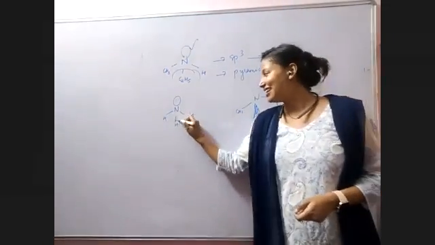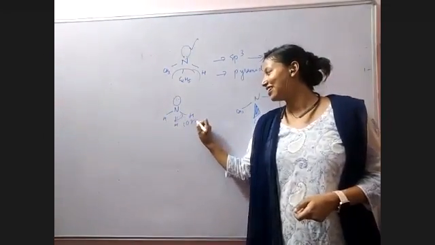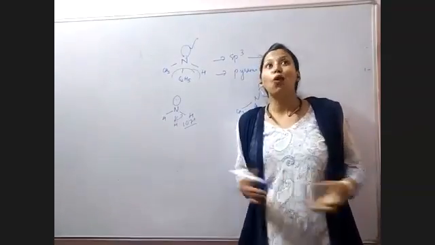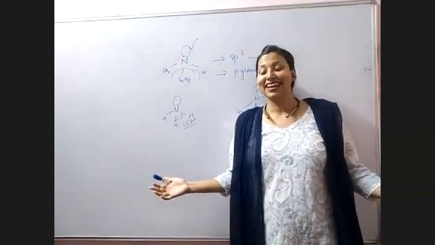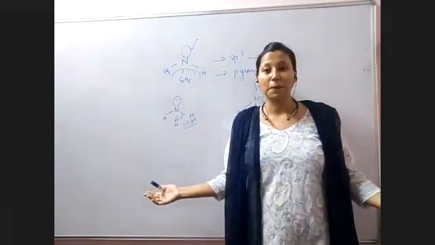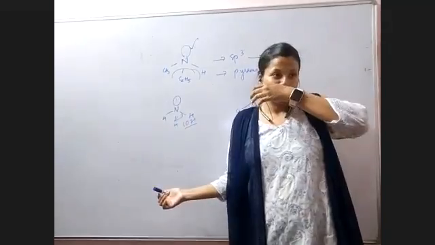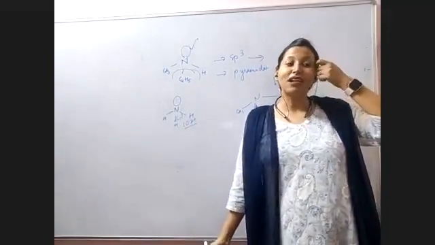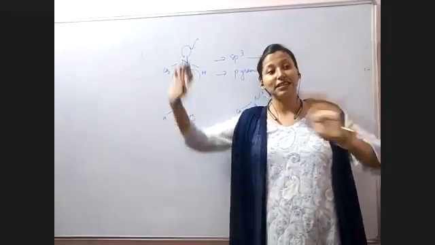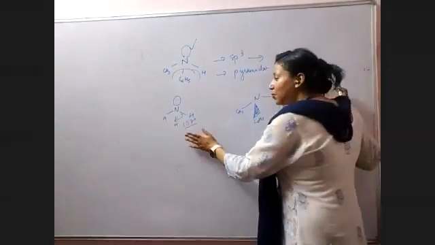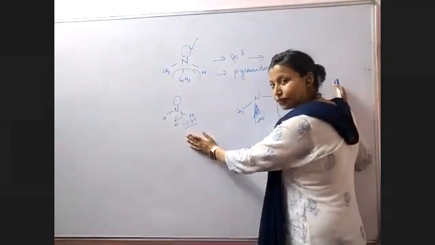The bond angle in ammonia is 107. You can't be so casual. They have a specific bond angle. What is the bond angle in water? 104.5. 109.5 is tetrahedral, that is in methane. Okay. Now, ammonia is 107.